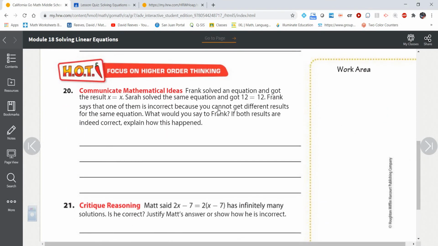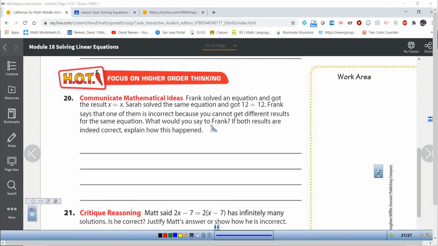Frank solved an equation and got the result x equals x. Sarah solved the same equation and got the result 12 equals 12. Frank says that one of them is incorrect because you cannot get different results for the same equation. Let me ask you this. If I write x plus 12 equals x plus 12, what would happen if I subtracted 12 from each side?